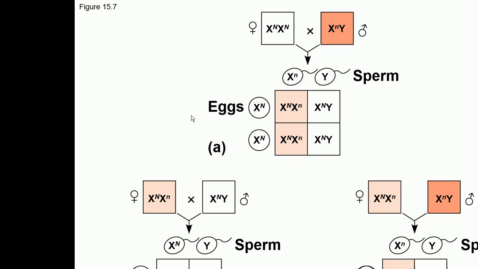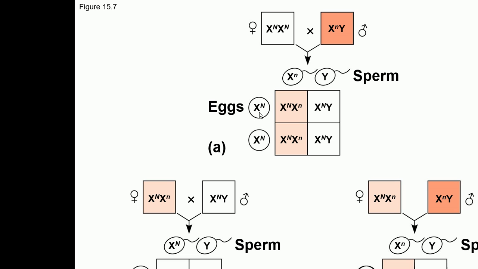Now if the next egg goes with the X sperm, it is going to be a daughter. One allele is normal, another is mutant, so this daughter is again a carrier. If it goes with the Y sperm, it's going to be a son, and this is the normal allele, so he is going to be normal.